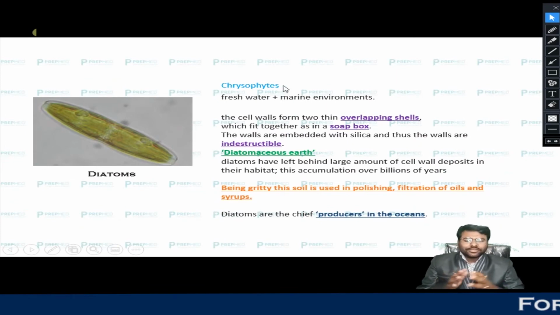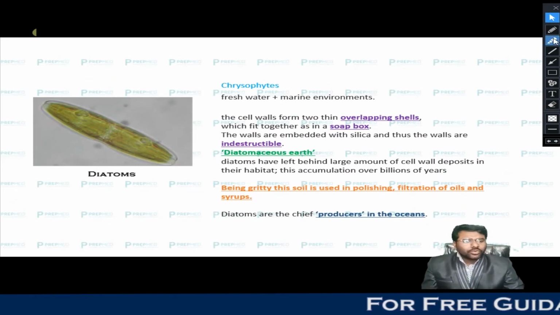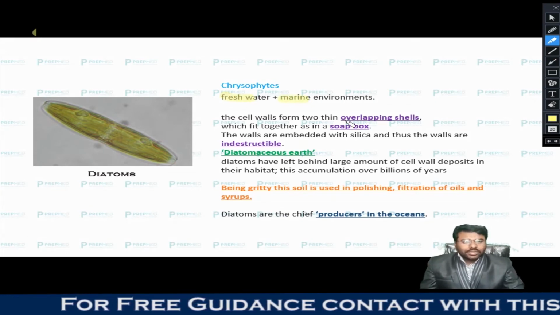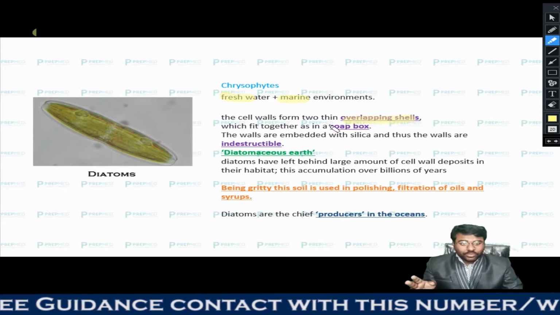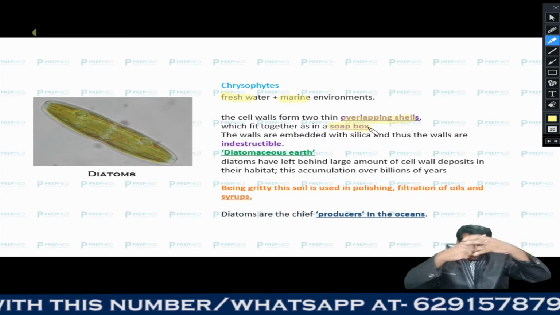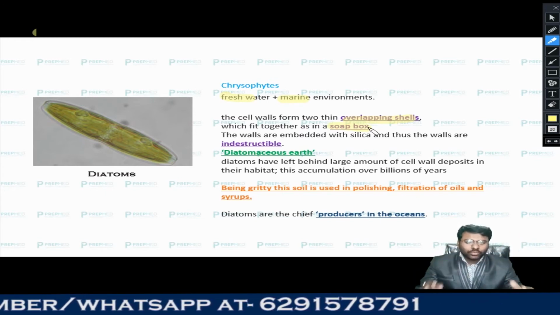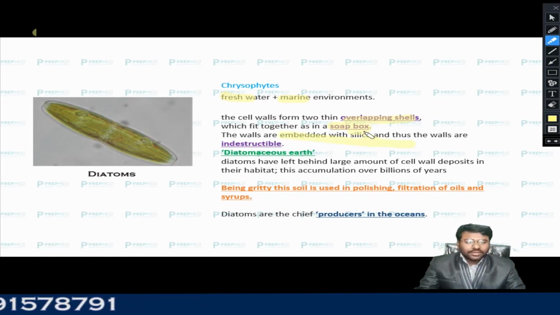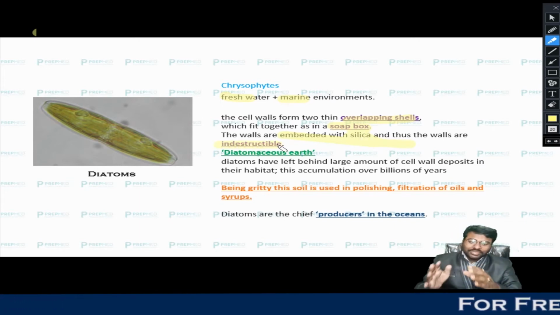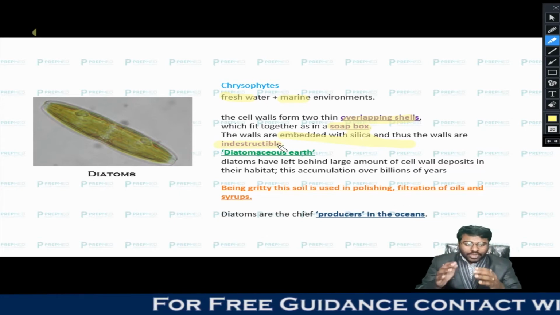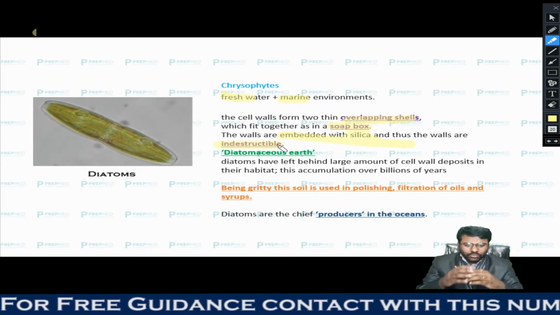They fall under the chrysophytes, and they grow in both fresh and marine waters. There are 2 overlapping cells, and they fit like a soap box. The cell wall is embedded with silica, and silica is indestructible. So after the death of the organism, the cell walls accumulate over billions of years.